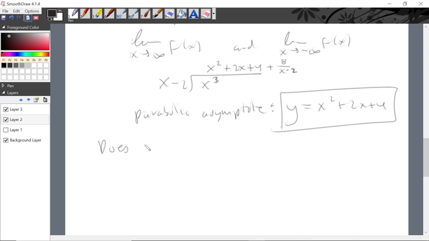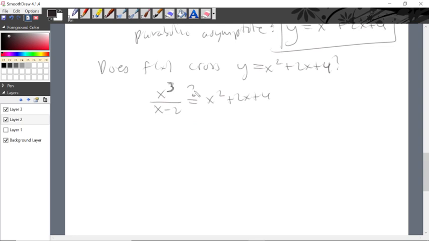Okay, let's see. Does f of x cross or intersect the parabolic asymptote? How can we determine whether the graphs of two functions intersect each other? By setting the rules of the functions equal to each other. Let's take x cubed over x minus 2 and set that equal to x squared plus 2x plus 4 and see if we get any solutions to this equation.